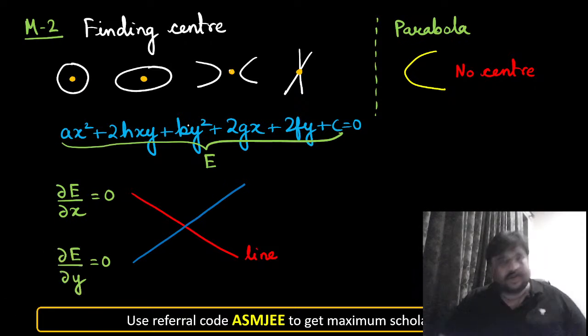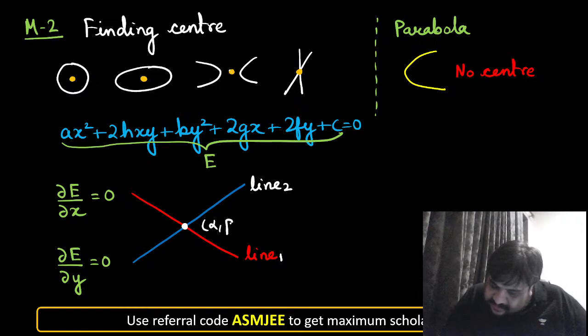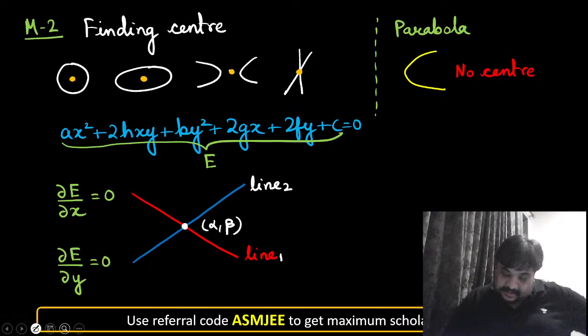These two are not the lines that form this E, but their point of intersection gives alpha and beta. Just note this down very properly.